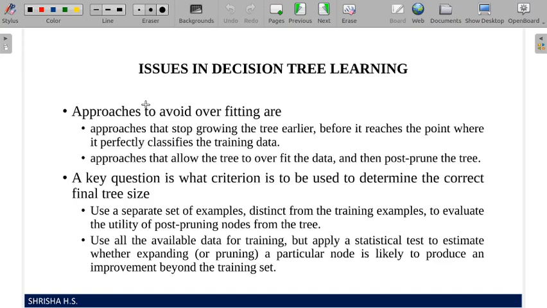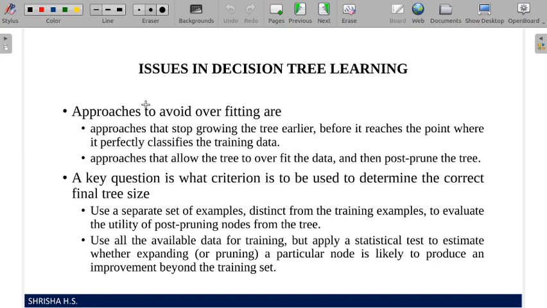The first approach is to stop growing the tree earlier, before it reaches the point where it perfectly classifies the training data. If our hypothesis is perfectly classifying the training data, it may have overfit the data. The second approach allows the tree to overfit the data first, then post-prune the tree. Pruning means removing nodes from the tree.